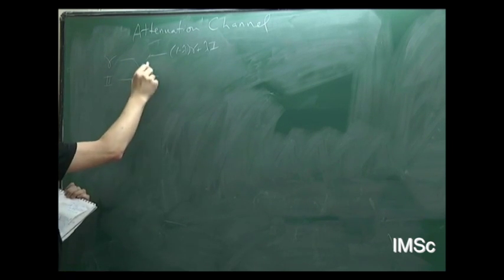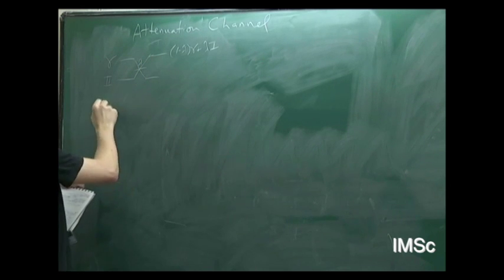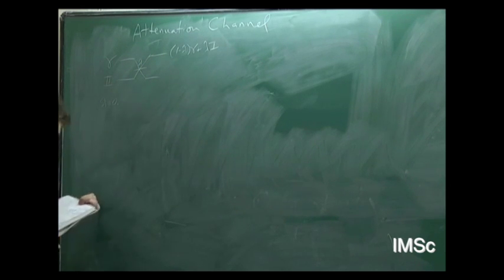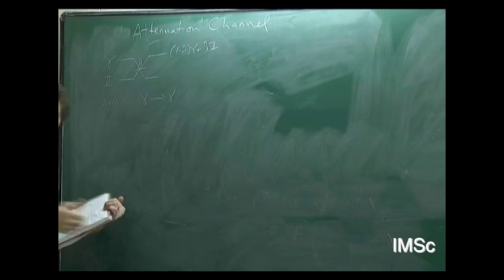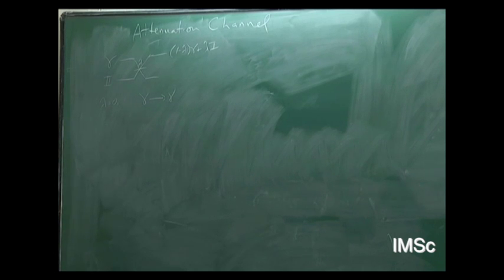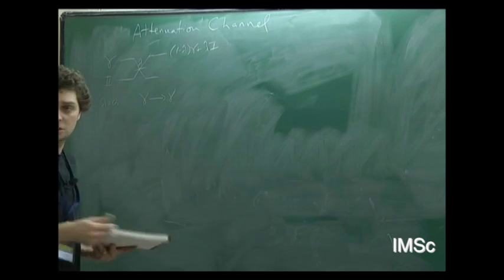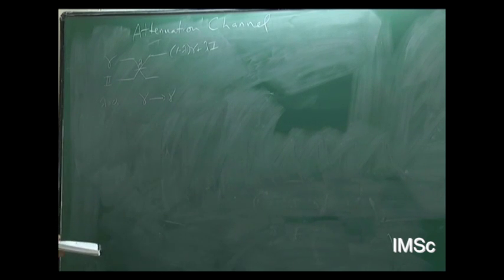Lambda is the transmissivity here. Now let's say lambda is equal to 0. That means that the channel just maps gamma to gamma, or maps your input state to itself at the output. So let's look at what the mutual information between input and output is going to look like.